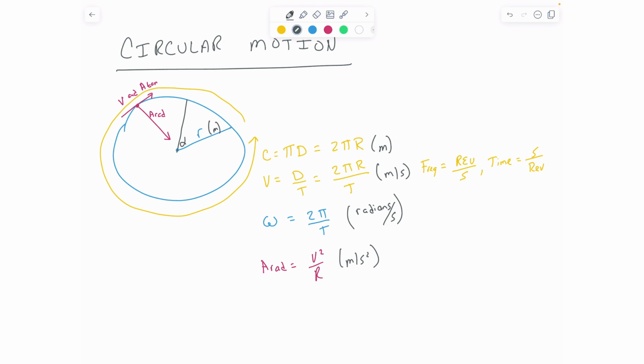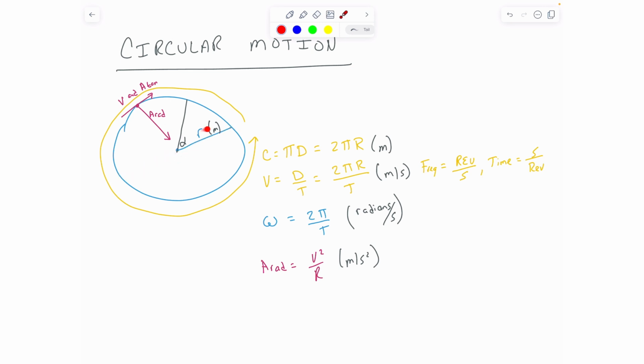Okay, so what we have here is a circle like this, and in this first step I just want to define a couple of terms. So here's a circle. In the middle is the center point, and from the middle to the edge is the radius of the circle. From one edge to the other edge is the diameter.